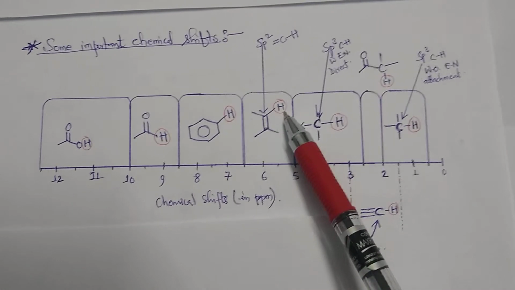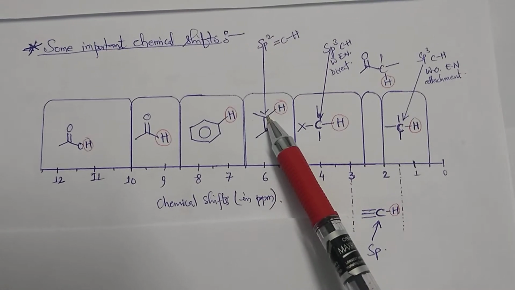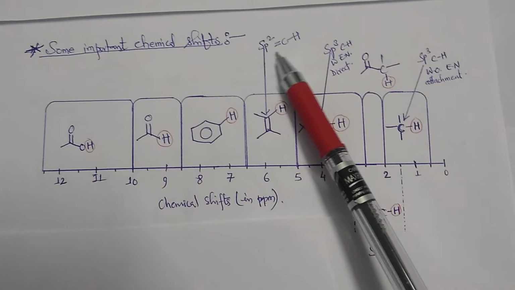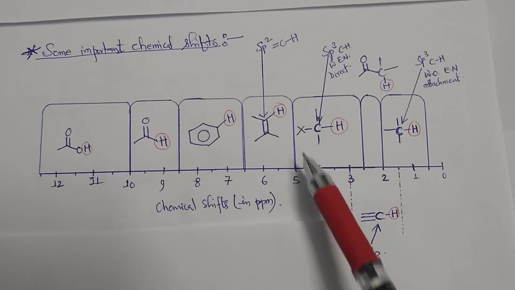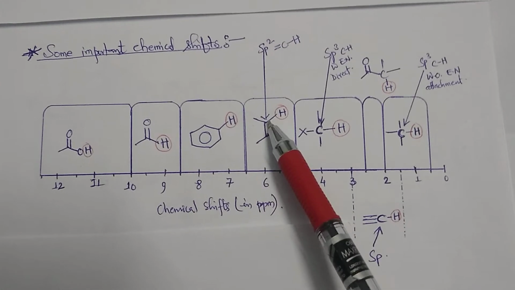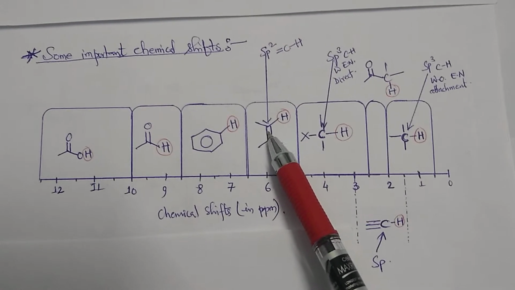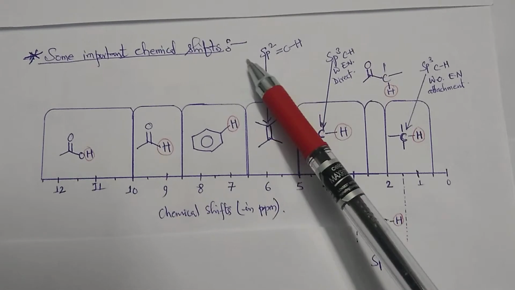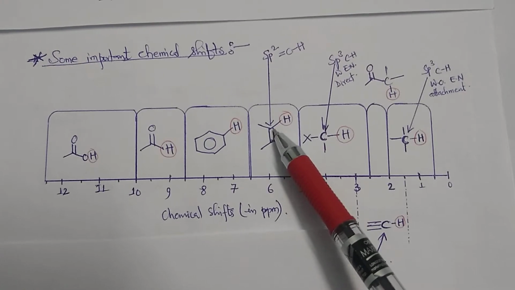Similarly, if we see here this proton, which is on a double bonded carbon, that is sp2 hybridized, which will have a chemical shift around 5 to 6.5. Now if we explain this by using the hybridization concept, then this will be seen like that. The percentage S character for this carbon is more here, so it is near to the nucleus.